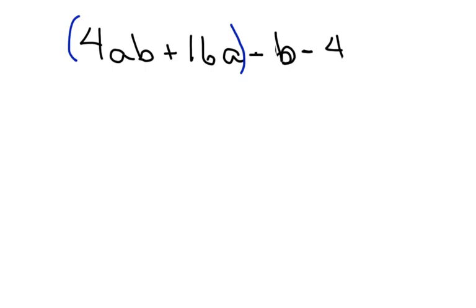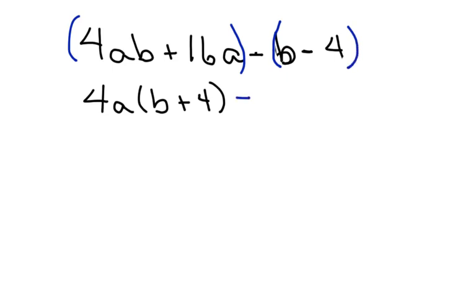If I factor out 4a, I'm going to get b plus 4. In this case, when I was trying to put the parentheses here, that means I have a minus here. But when I put the parentheses here, I have to change this to a plus. So that's going to be b plus 4.